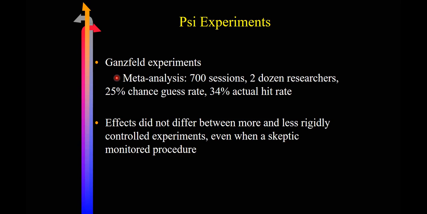Sometimes even both of the individuals, sender and receiver, were thousands of miles apart and placed in Faraday cages, which are devices that can prevent any electromagnetic communication. So in a meta-analysis of many of these Ganzfeld experiments, some 700 sessions, two dozen researchers, where the chance guess rate was 25%, they found a 34% actual hit rate.